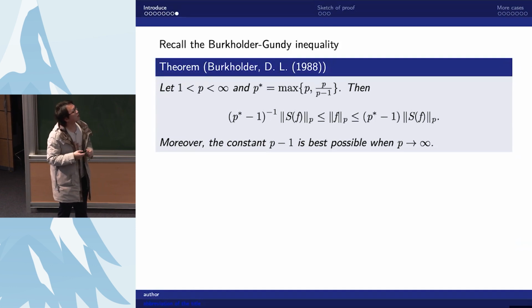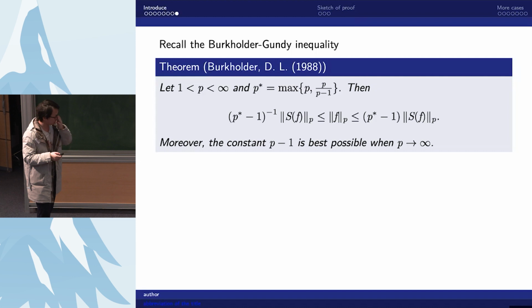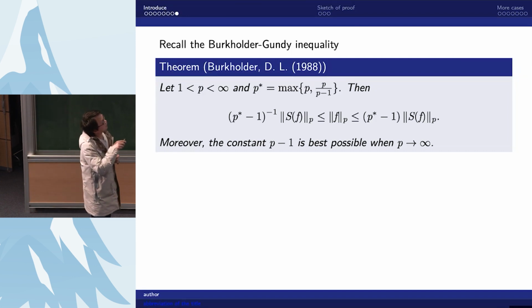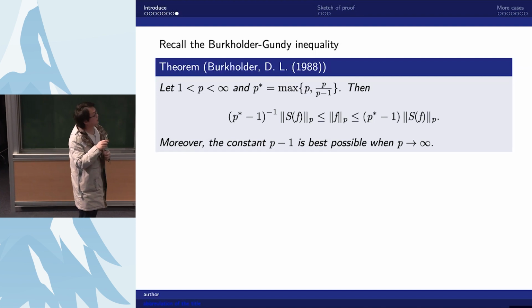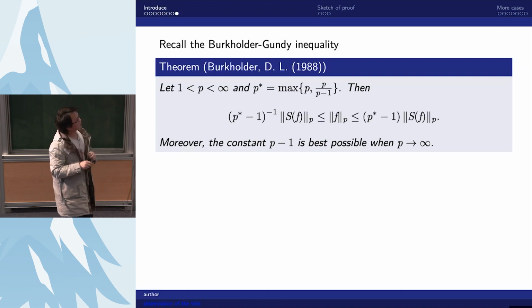Recall that Burkholder-Gundy's inequality is: when P is bigger than 1 and less than infinity, P star denotes the maximum of P and P prime. Then we have the LP norm of f is less than a constant times the LP norm of Sf, and bigger than a constant times the LP norm of Sf.